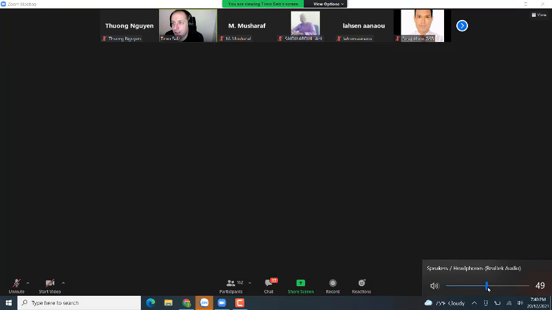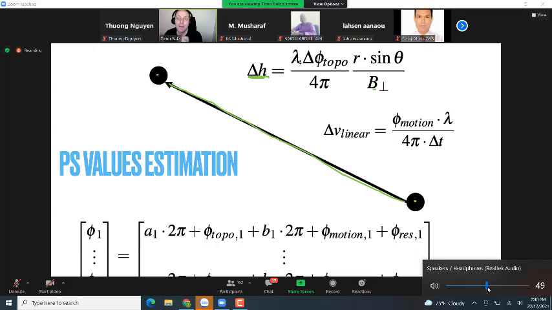We know the range, we know the incidence angle, we know the baseline, we know the wavelengths. So our relation is between delta H and the topographic phase. Actually, I should not show you the equation like this. We should solve it towards the topographic phase as a function of the others, because that's how we actually calculate.